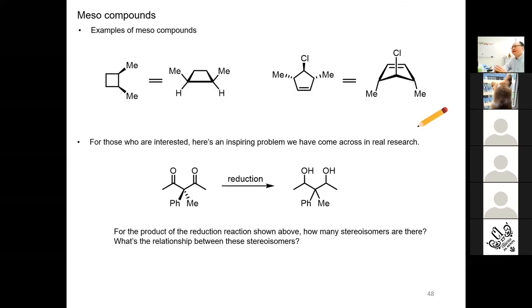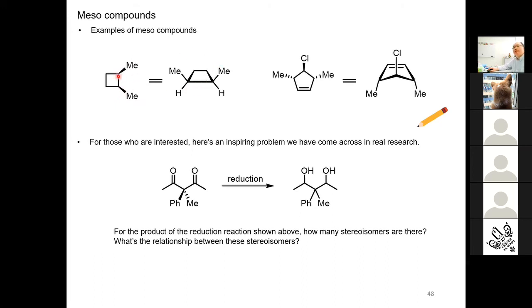Here is a list of some other meso compounds. For example, if I ask you to quickly name this compound, you can, right? Because you have learned the nomenclature by yourselves. This is 1,2-dimethyl cyclobutane, and if you name it fully, it should be cis-1,2-dimethyl cyclobutane.